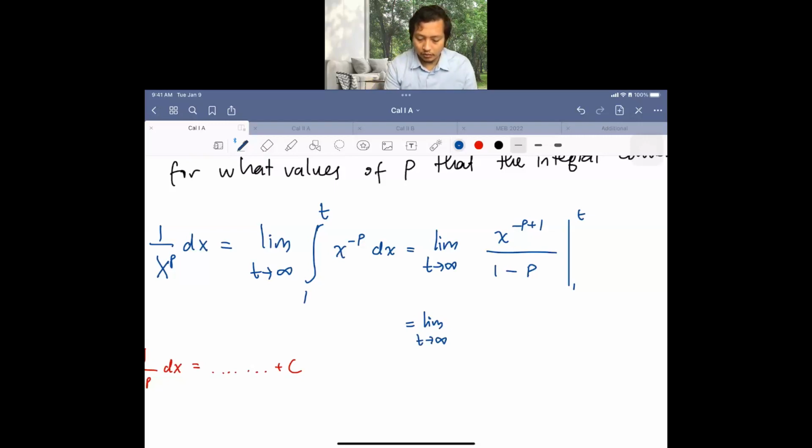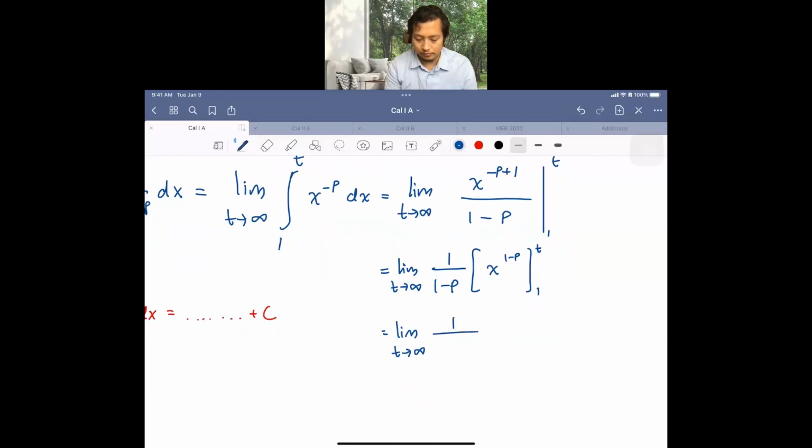We could write 1 over 1 minus p, and this will be t to the 1 minus p, or we could write 1 over t to the p minus 1, same thing. And then the 1 we put inside is just 1, so we just take minus 1.